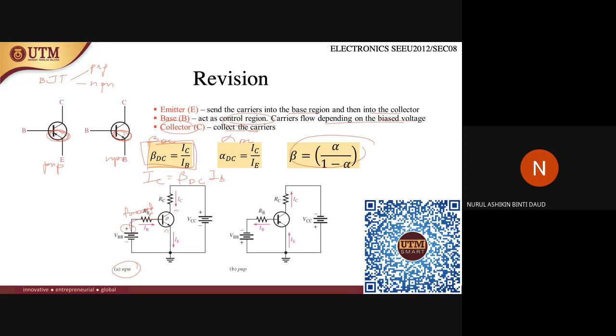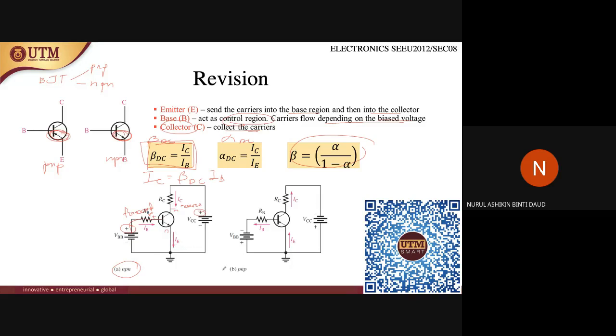Because the external source meets the same polarity, which is plus for the P of the NPN. So this is forward, and then this one is reverse, because it is a different polarity: positive meets negative. So the currents flow from the collector and base and enter the emitter.